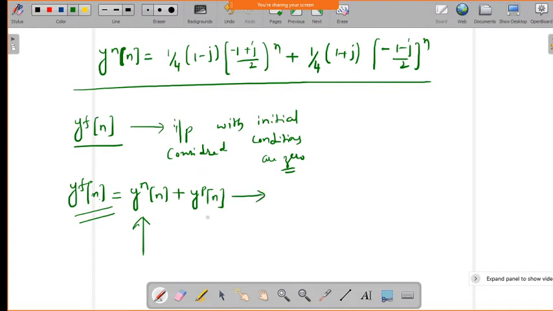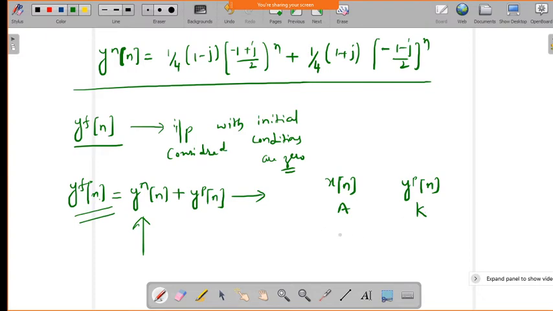To find the particular solution, we assume the output has the same form as the input. If x of n is a constant a, then the particular solution yp of n is taken as k, a constant.